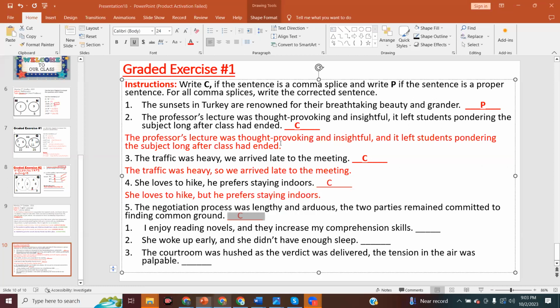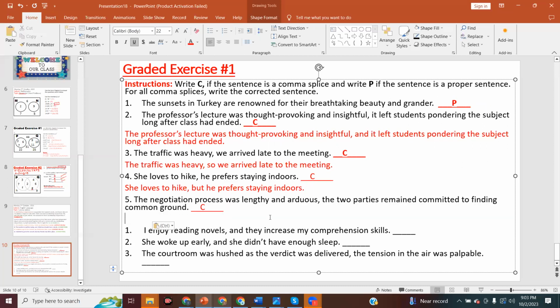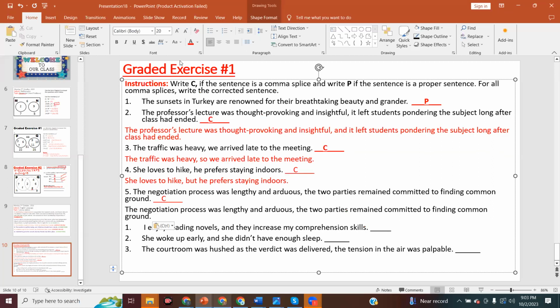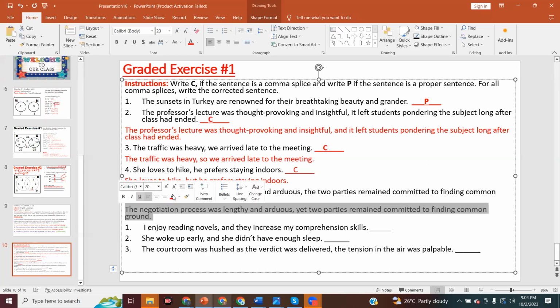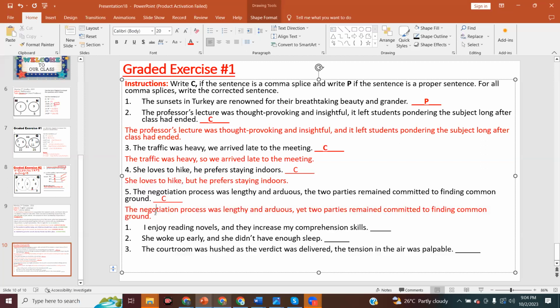The negotiation process was lengthy and arduous, yet the two parties remain committed to finding common ground.